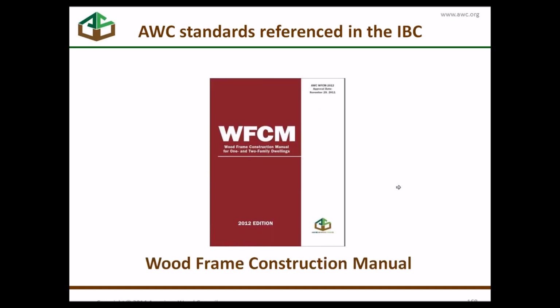And the wood frame construction manual is permitted. First of all, you see right here on the cover it says for one and two family dwellings. This is a unique document that has come into use, developed within the last decade or so, as a prescriptive document for dwellings, but an engineered document. In other words, it contains the engineering criteria.